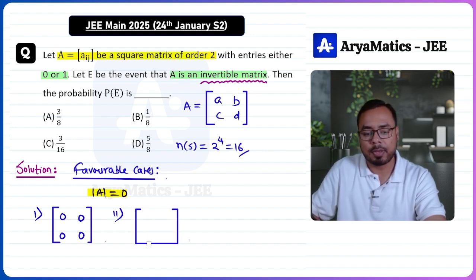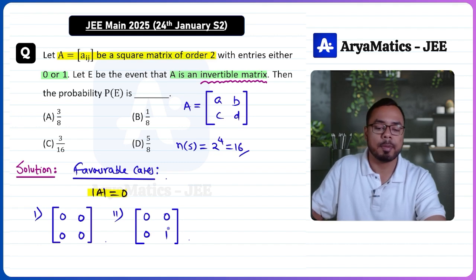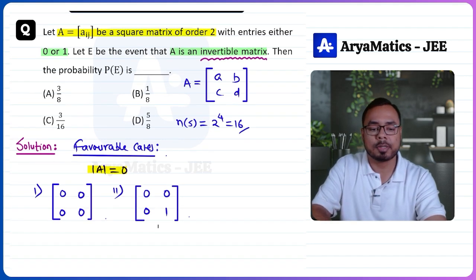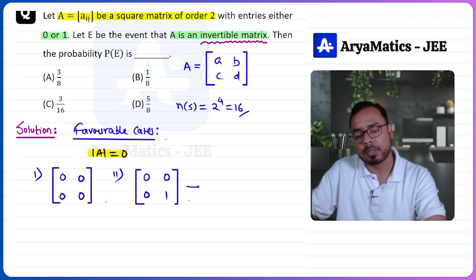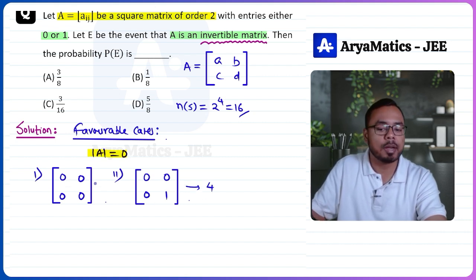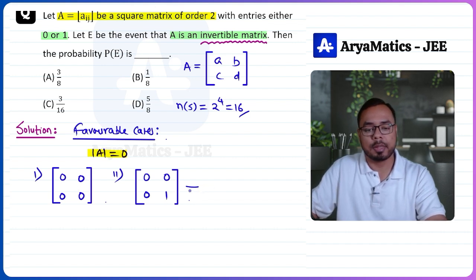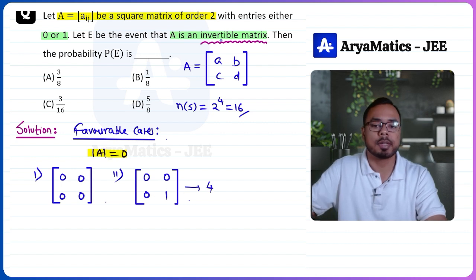Next possibility is that we can use 3 zeros and 1 one. In this case, how many matrices are possible? Clearly you can create 4 such matrices. In the first case you get only one matrix, but in this case you will get 4 matrices by changing the position of this element 1.